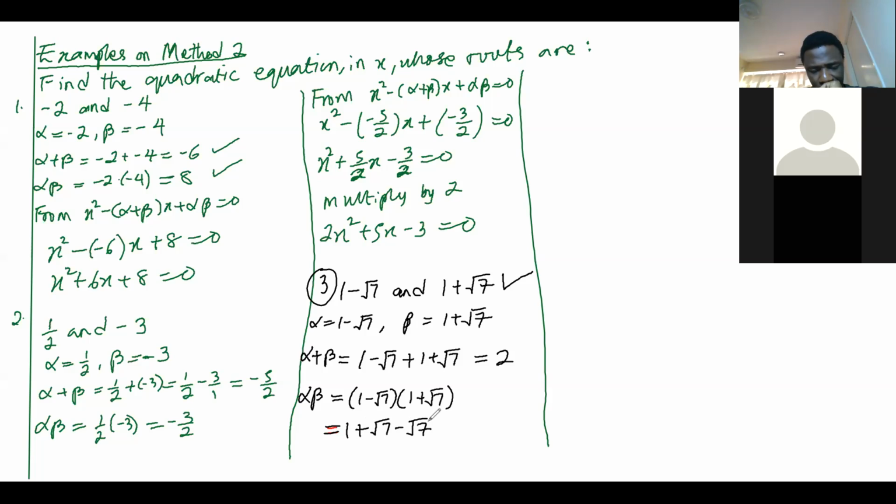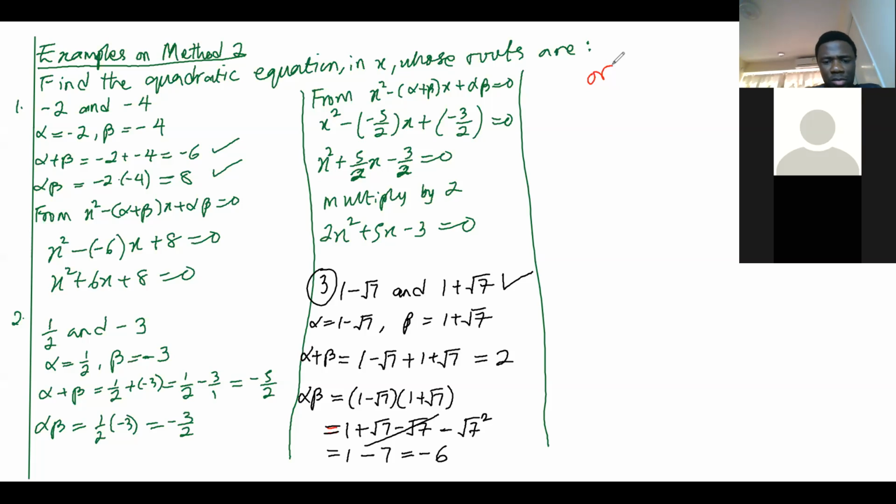Root 7 squared, negative, root 7 squared, which is 7. So this is going to be 1. This cancels, and we have minus 7, which is negative 6. Actually, you don't have to go through all this.